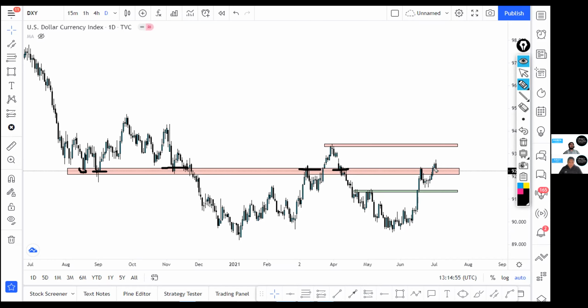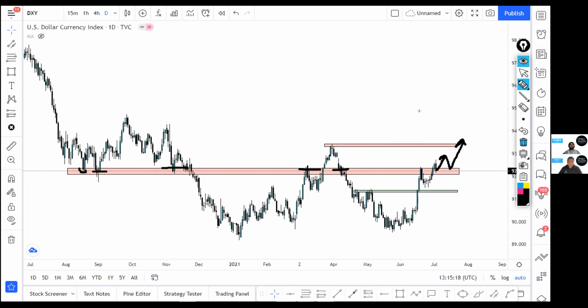So this is a huge resistance for DXY right now, and we are also seeing some bearish price action off this resistance zone. For the upcoming week, in order to move DXY to the upside, it has to clearly break out of this resistance area and maybe retest for another move to the upside.